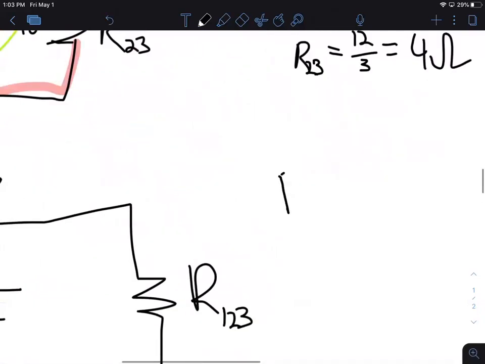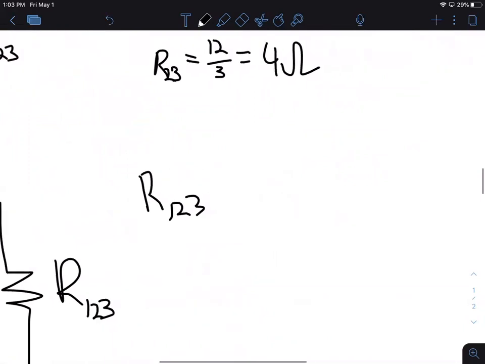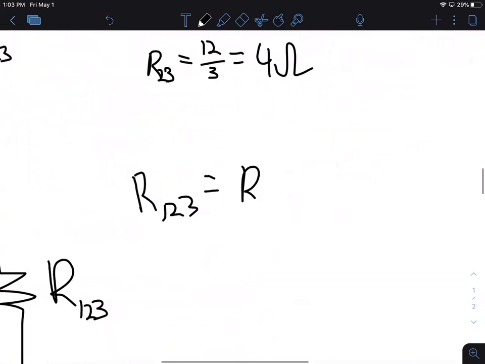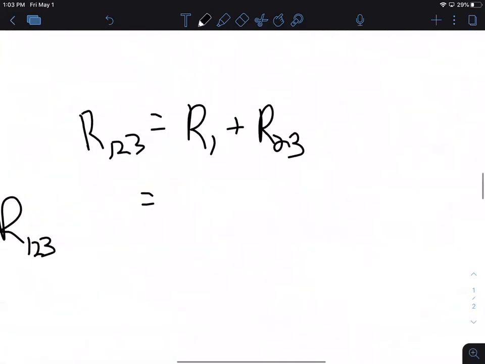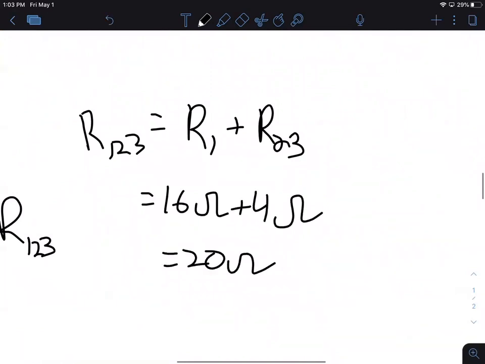And we know R123 is going to be R1 plus the equivalent of 2 and 3. So we have 16 and 4. 16 ohms plus 4 ohms equals 20 ohms.